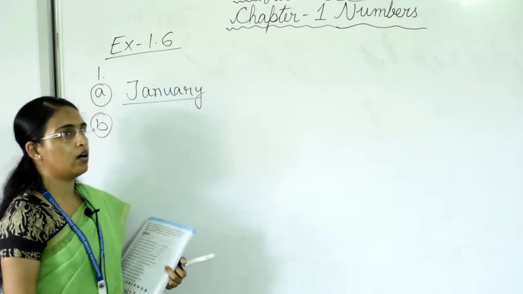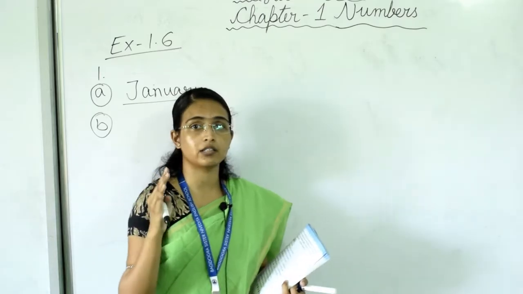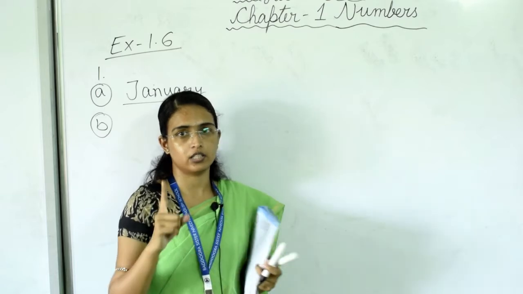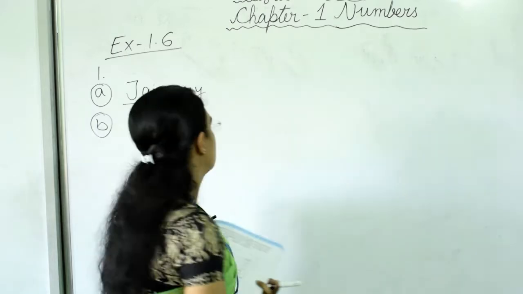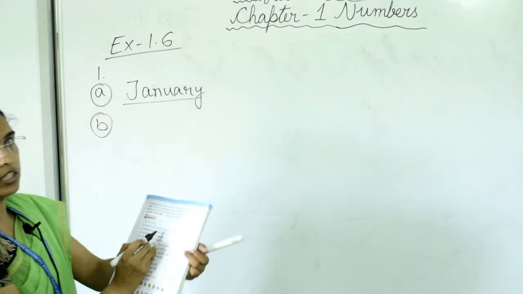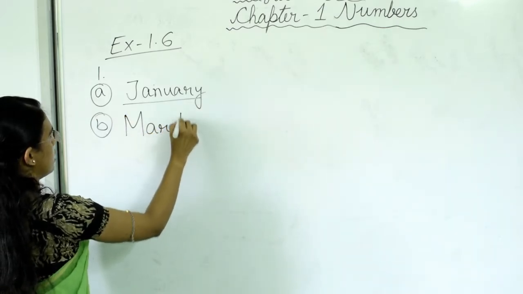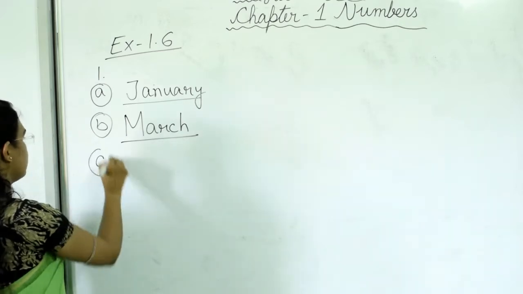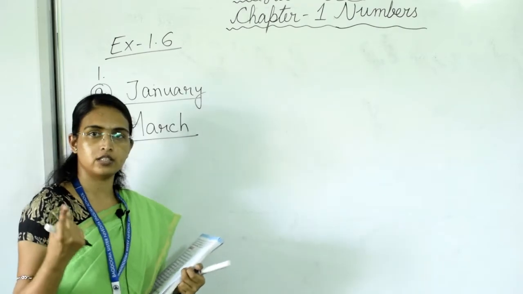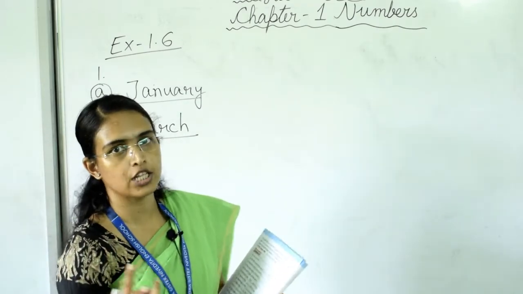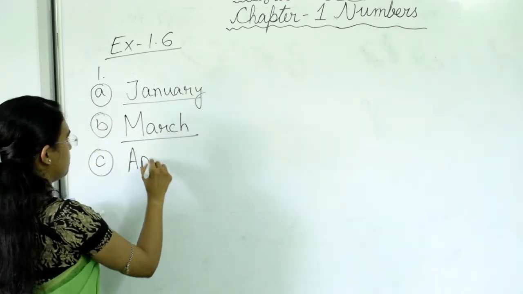Okay, so when we start counting from January, which month comes in third position? First one is January, second is February, and third one is March. That means the third month of the year is March. So the answer is March. Okay. Now number C. The fourth month of the year is. First one is January, second one is February, third one is March, and the fourth one is April. So the answer is April.